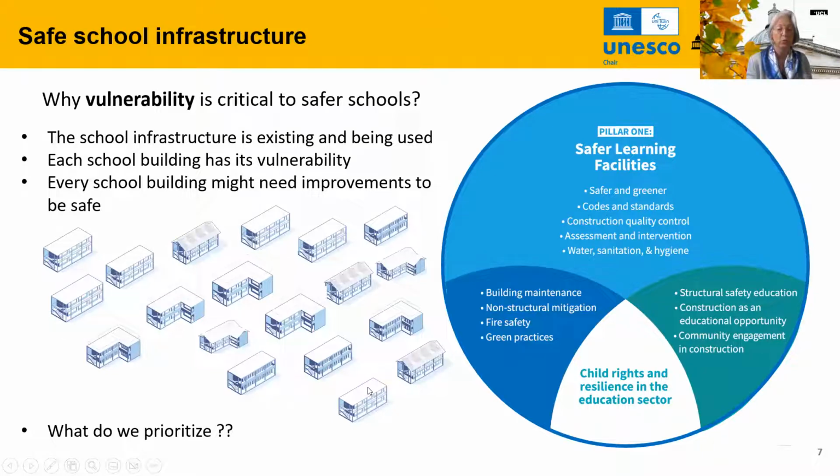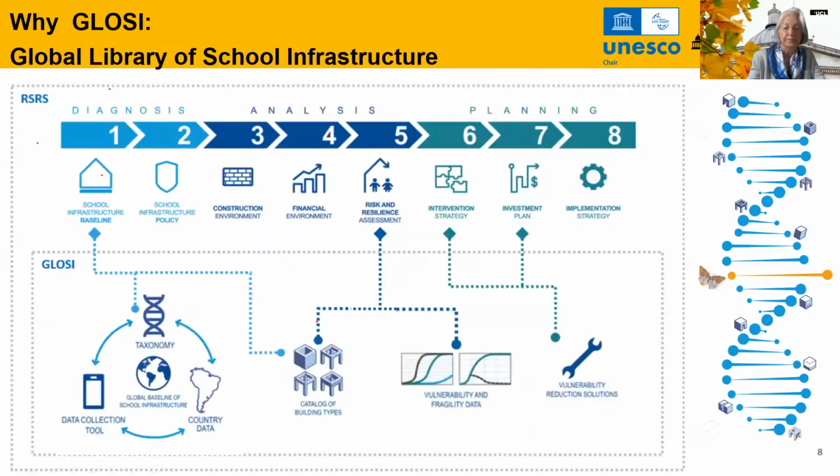Again, when we look into the exposures, we know that there are many different building typologies, and each of them responds to earthquakes in a different way. And so every single school building type might actually need improvements and can be made safe.